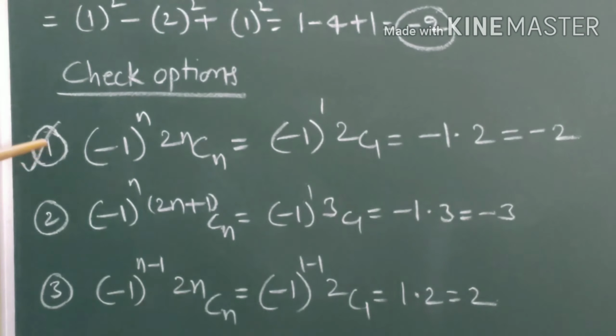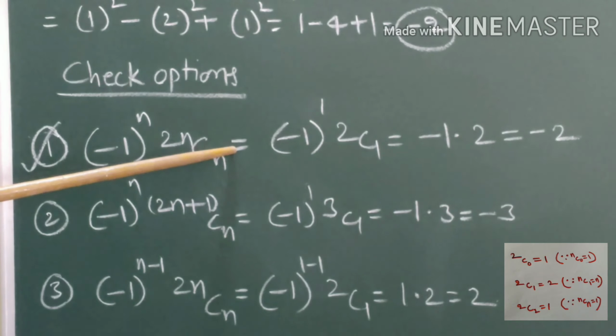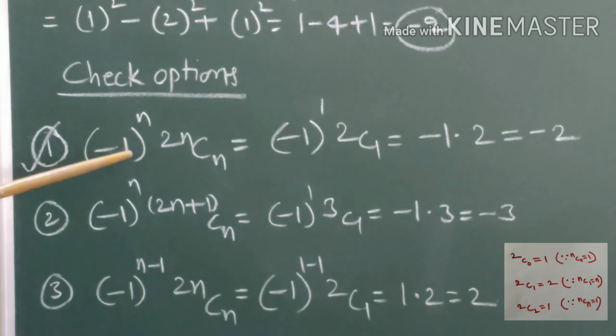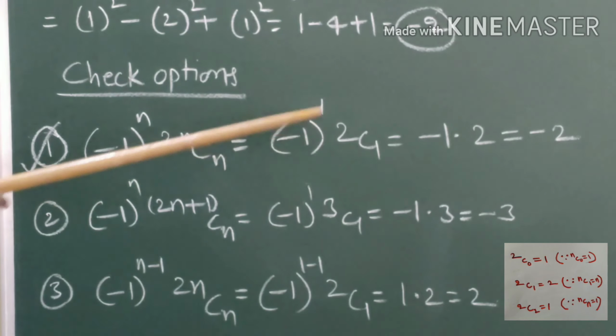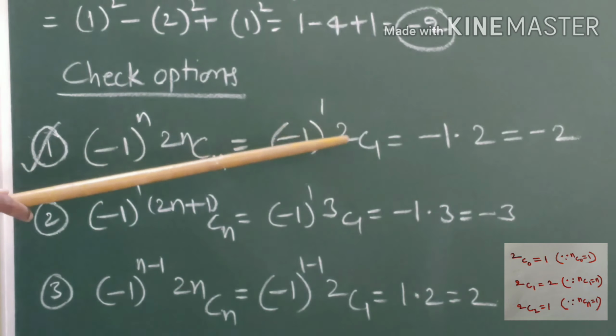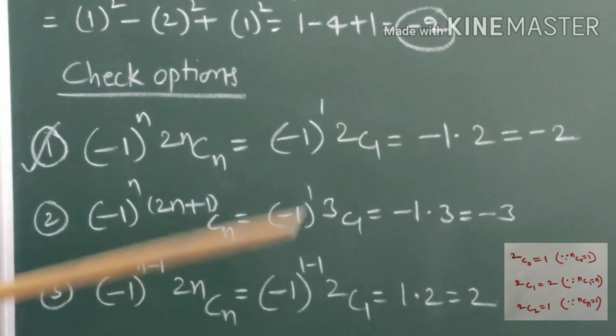Now let us see the first option, minus 1 power n into 2n cn. Here we substitute n value 1, that means minus 1 power 1 into 2 c1. Minus 1 power 1 is minus 1, 2 c1 is 2, that is equal to minus 2.